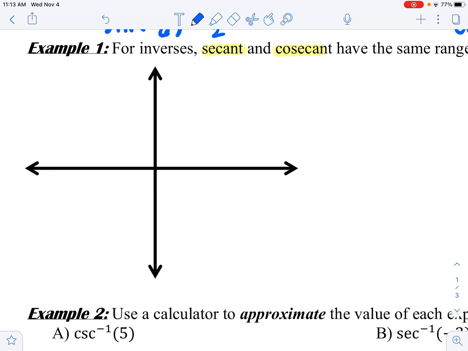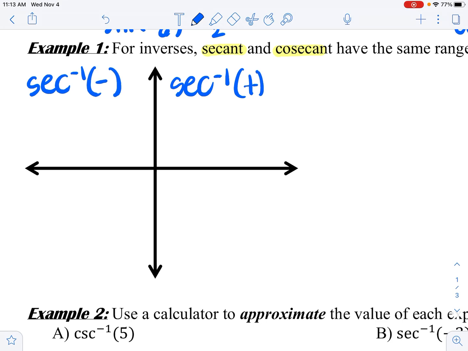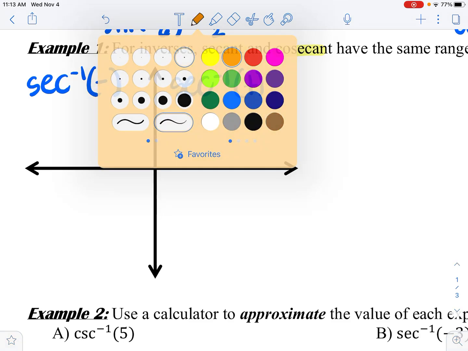So let's first talk about secant. Secant's reciprocal is cosine. And where is cosine inverse defined? 1 and 2. So that means secant inverse is defined in quadrants 1 and 2 also. If it's a positive value, that's the first quadrant. If it's a negative value, that's the second quadrant.